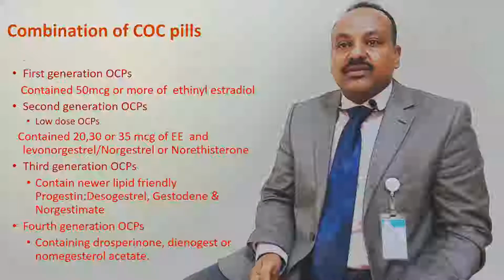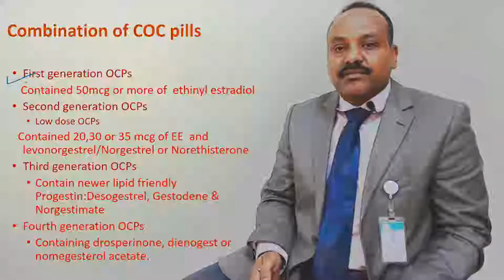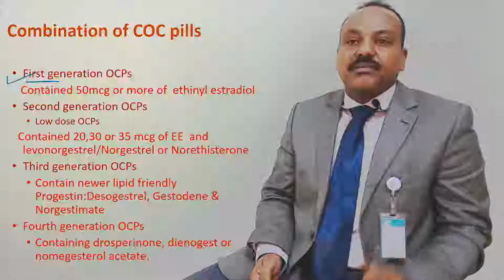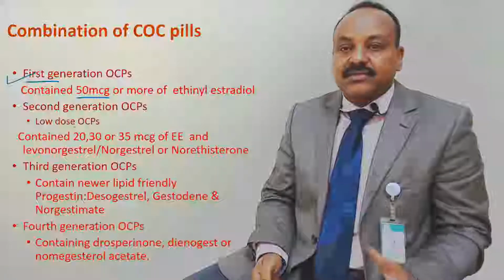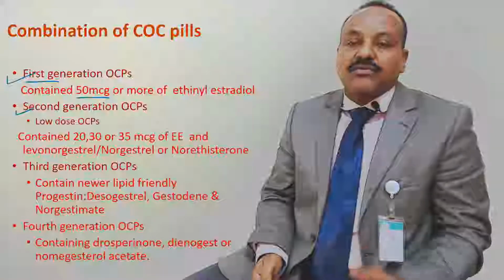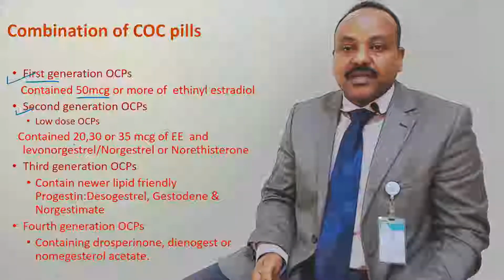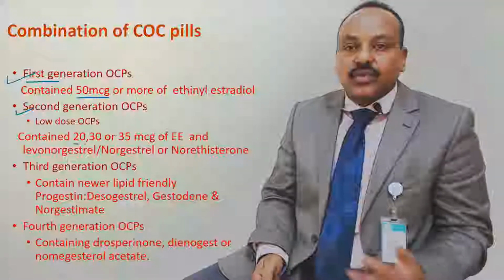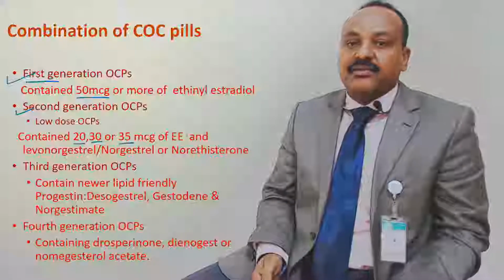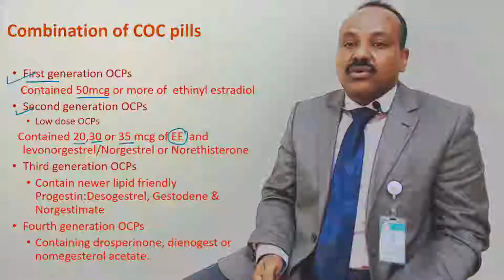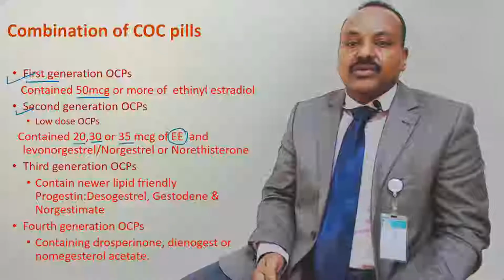First generation of oral contraceptive pill contains 50 microgram or more of ethinyl estradiol. Second generation is usually the low dose oral contraceptive pill, and it contains 20 to 30 or 35 microgram of ethinyl estradiol, and levonorgestrel or norgestrel or norgesterone.